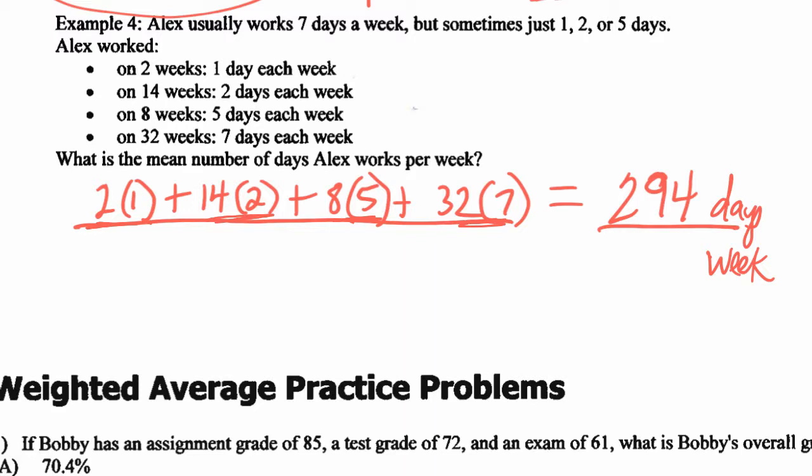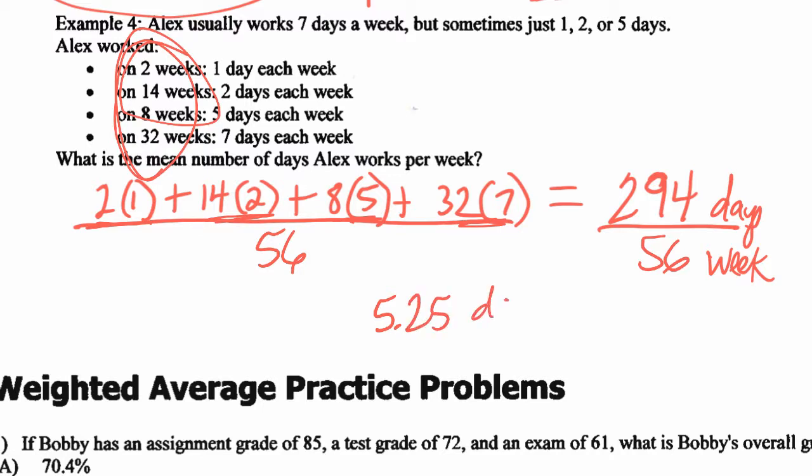But what's missing here? How many weeks I'm going to be averaging that over. When I totaled that up, I got my 56 weeks. So that's how I knew it was 5.25. Is that the average? Okay, 5.25 days per week on average. Okay? All right, very good.